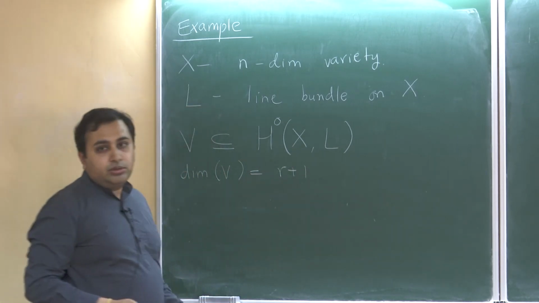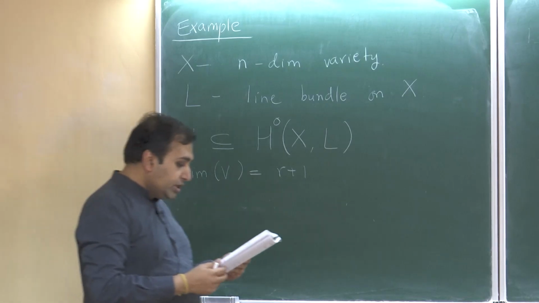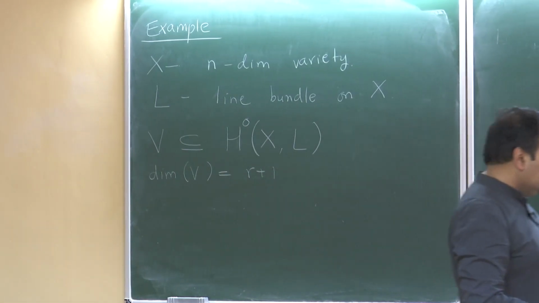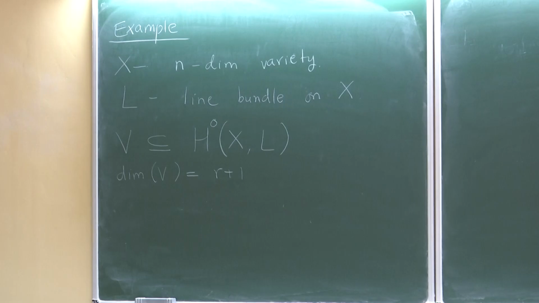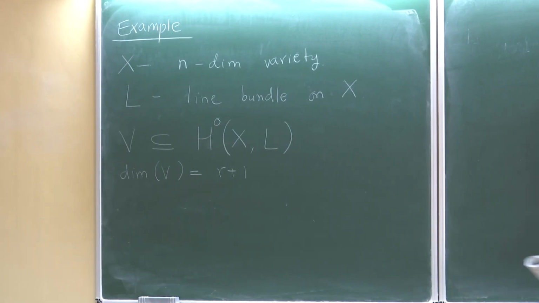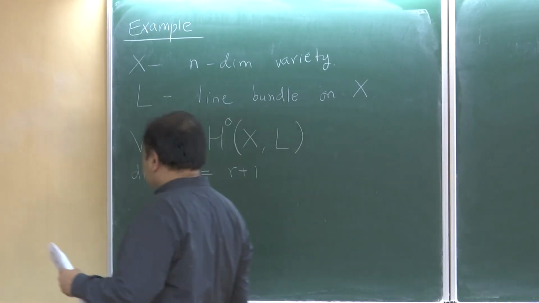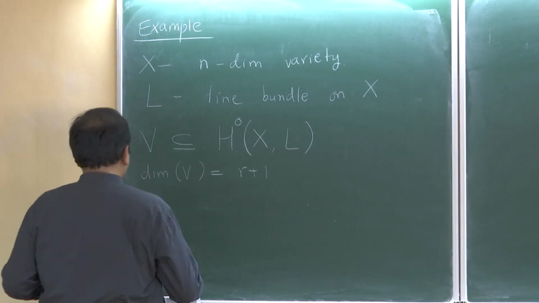So then I suppose you would know that this choice defines a rational map from X into projective space. How does one do that?